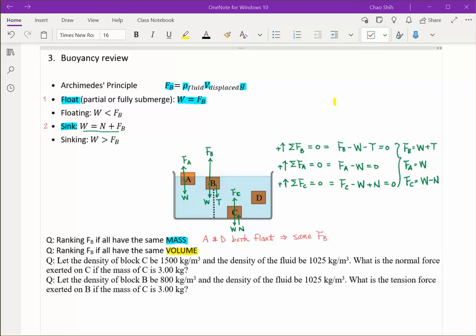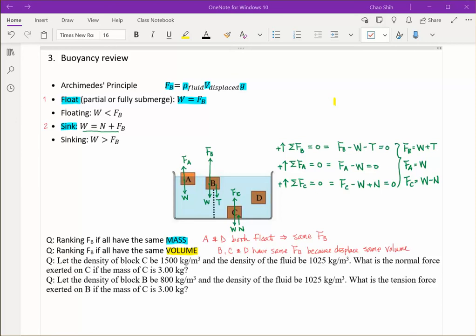So what we say is B, C, and D have the same buoyancy force, because they displace the same volume.